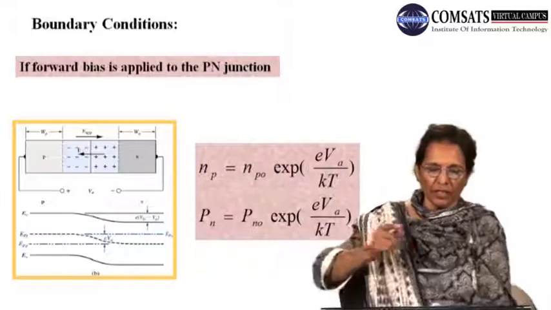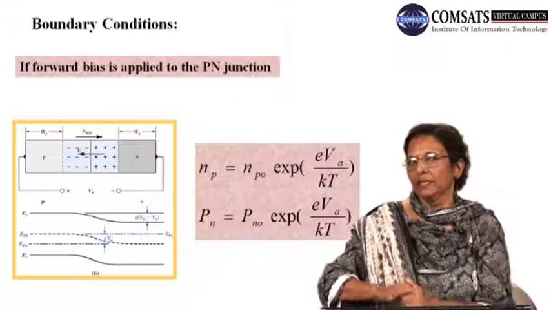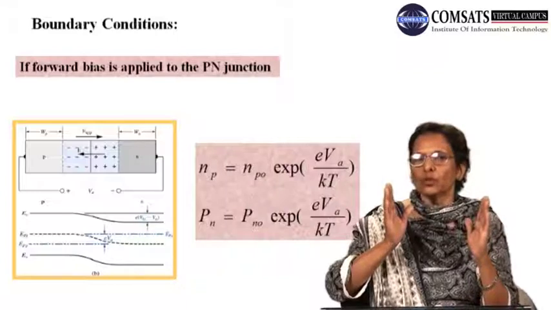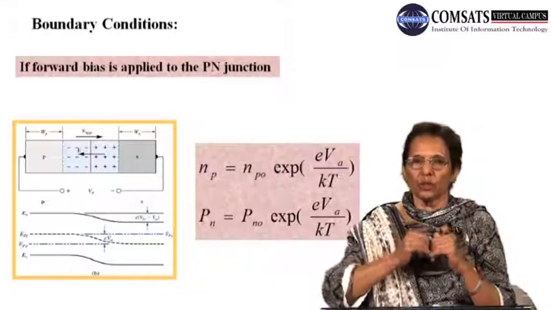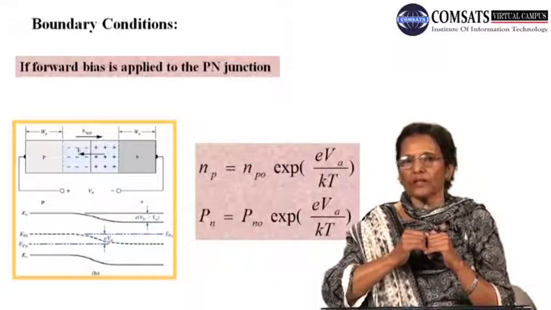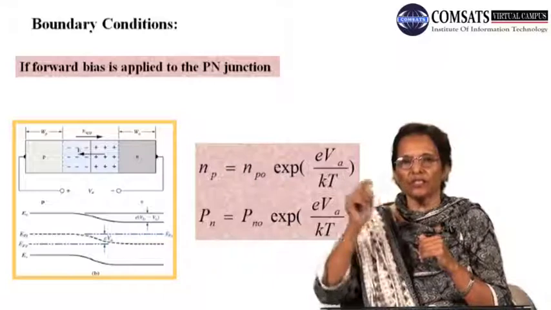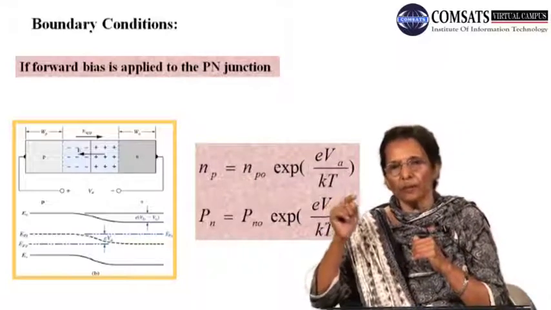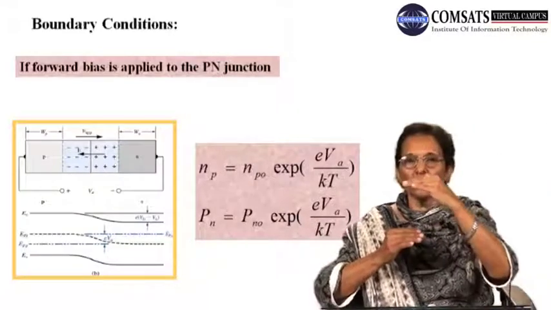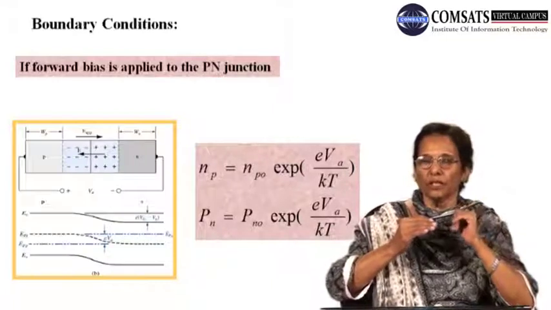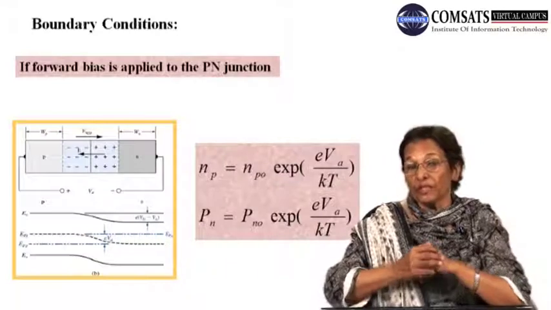What I'm trying to say here is, if we look into this slide on the right hand side, when there was no applied bias, there was a certain concentration of minority carriers on the P side. This minority electron concentration, which I have designated as N with the subscript PO, that is the electron on the P side in equilibrium, has now increased because of the injection, the diffusion of minority electrons into the P side.